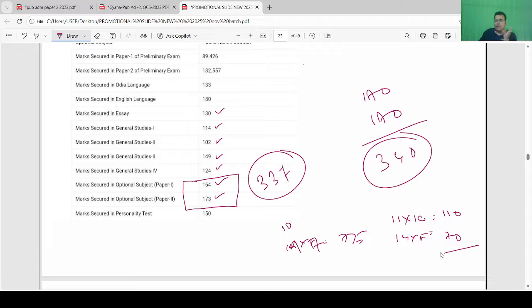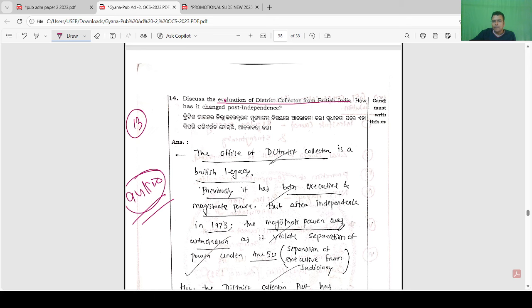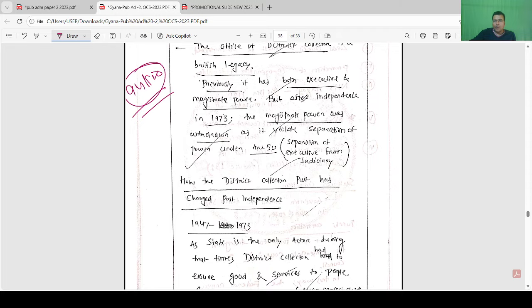So this is the average mark. In some questions she might get 12 marks. So, okay, the intro needs to improve.